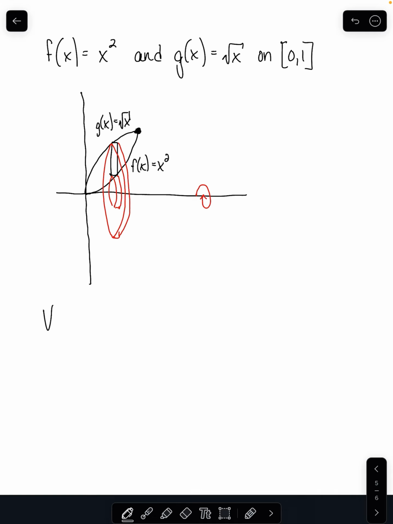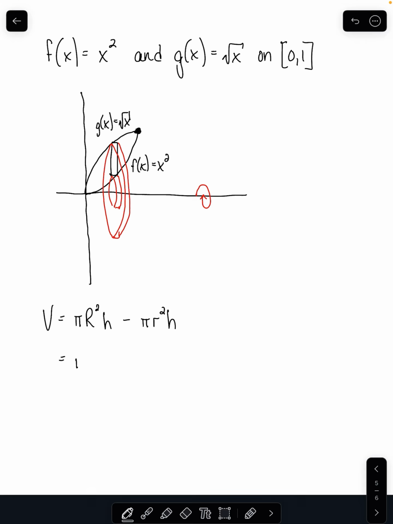So the volume here is going to be the volume of the full disk minus the volume of the smaller portion that is removed from the middle of it.